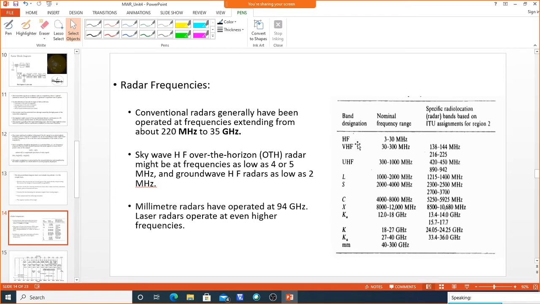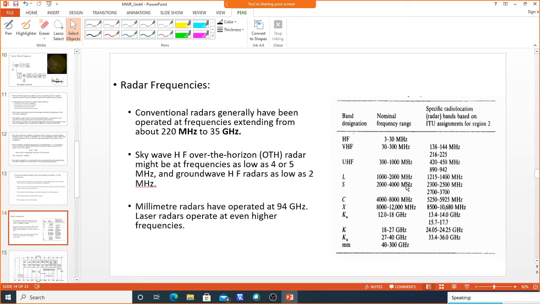For different frequencies, they have decided on these band designations and they are using them. Even though there is a nominal frequency range, not all of the frequency range can be used in the whole band. Only the specified frequency range assigned by the International Telecommunication Union for radar systems will be utilized, and the other frequency spectrum is not utilized.